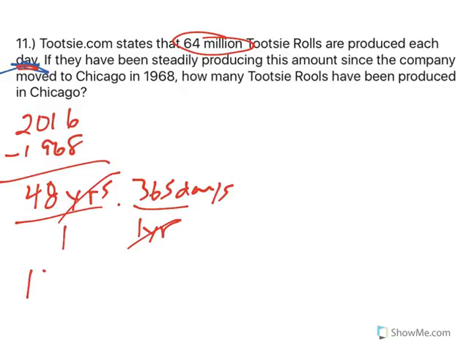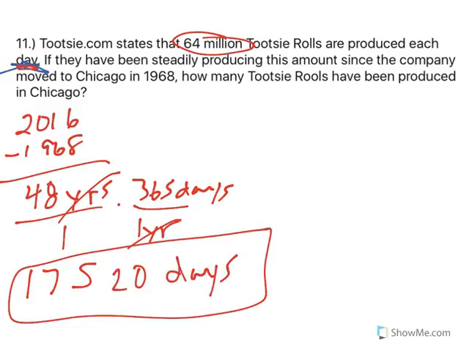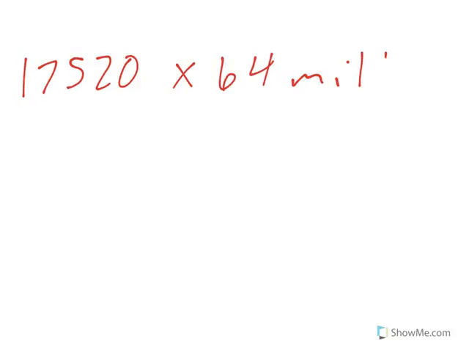That means they've been producing Tootsie Rolls for 17,520 days. Each day they produce 64 million. So I put those together and multiply 17,520 times 64 million. Okay, this is a big number.